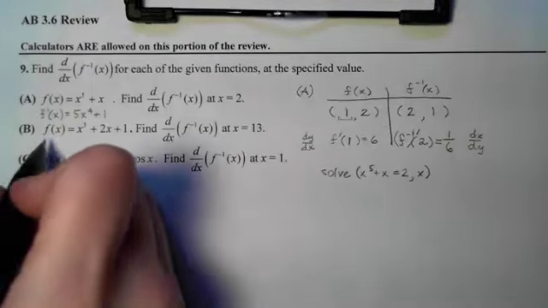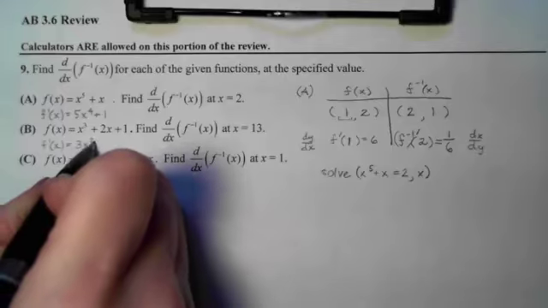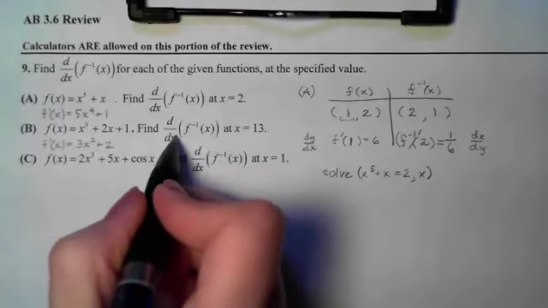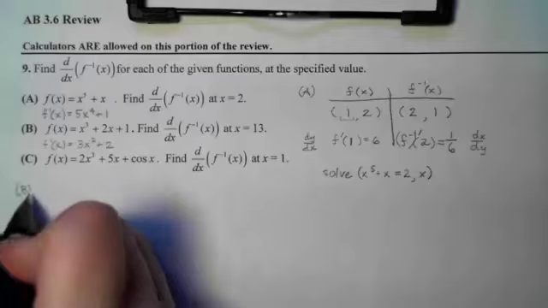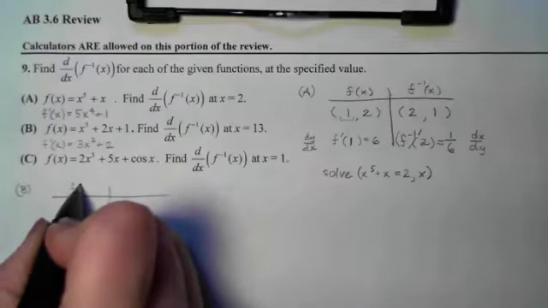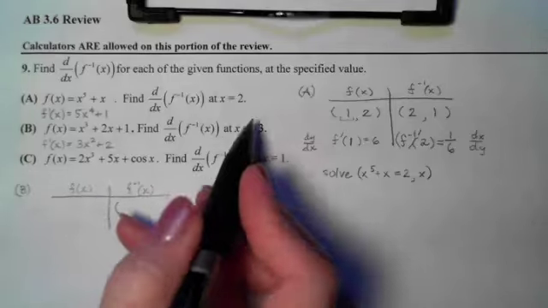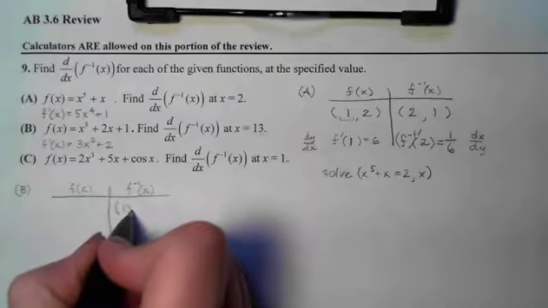If we look at part B, again we're going to need that derivative, so I'll go ahead and take it while we're up here. And I will set up my chart, because sometimes organizing it in the chart is actually more helpful. We were given the x coordinate of the inverse is 13.